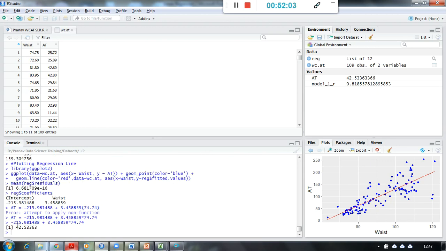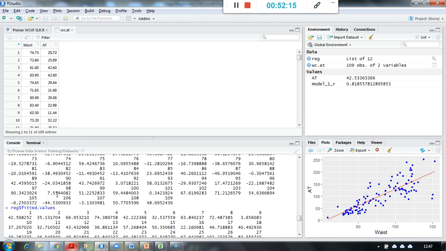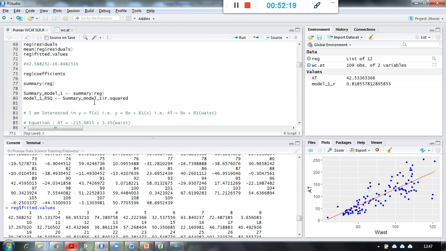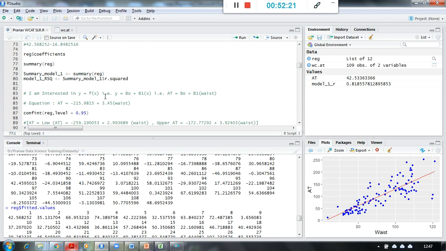Here we got 42.53 because of a decimal rounding problem, but otherwise this is how it has calculated the fitted value by using the equation of the line. So this is how we have built up the first model.